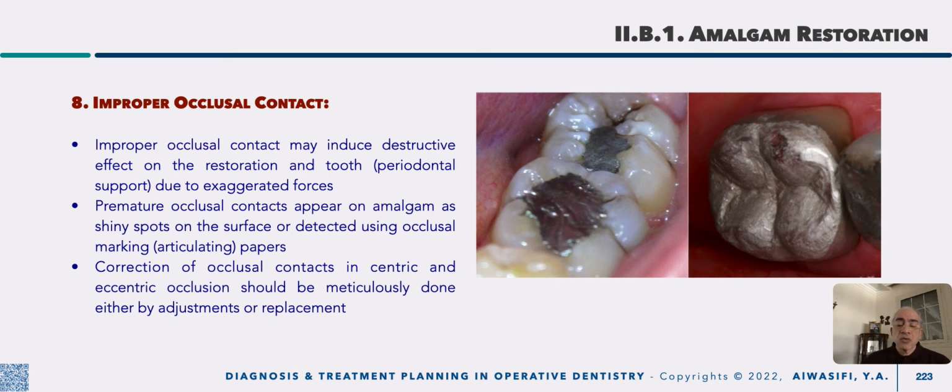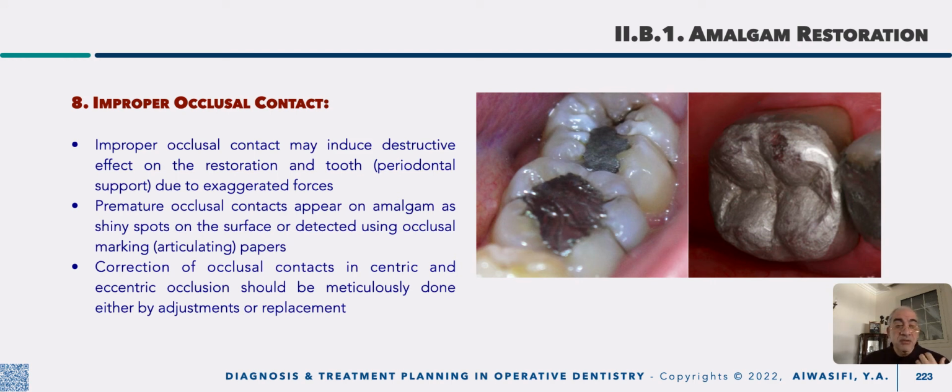Then when the patient is suffering from such a problem and you discover it, to determine the extent of the problem, number one, clinical investigation will reveal, as you see, a shiny area in your amalgam, revealing that it is a high contact. This is the first point which touches the adjacent or the opposing teeth, that's why it is polished and seems to be a shiny facet.